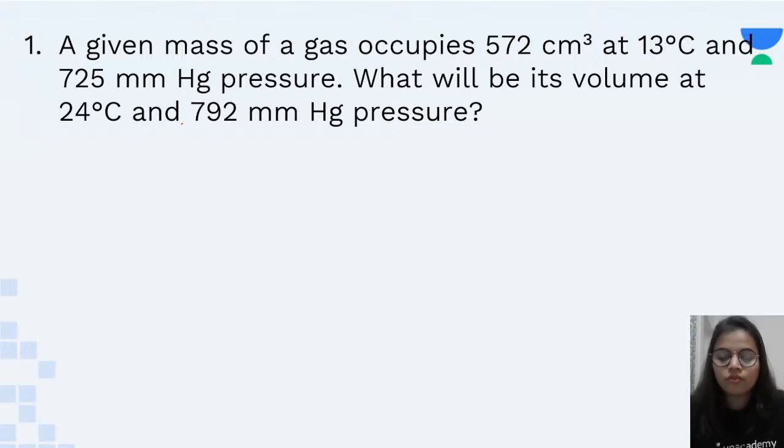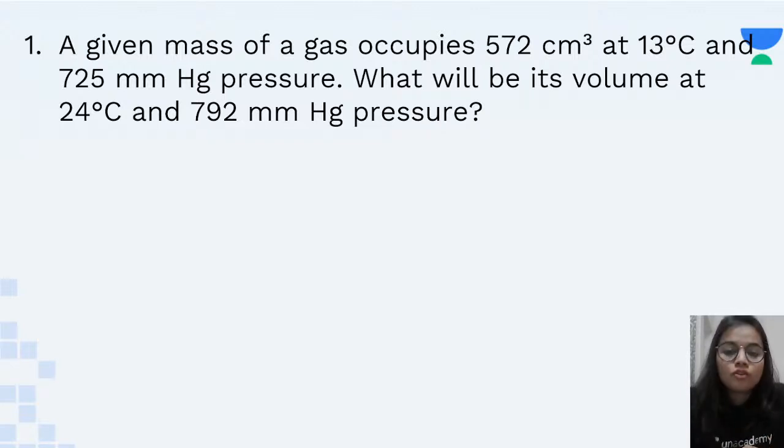Your first question is: a given mass of gas occupies 572 centimeter cube at 13 degrees Celsius and 725 millimeter of mercury pressure. What will be its volume at 24 degrees Celsius and 792 mm of Hg pressure?